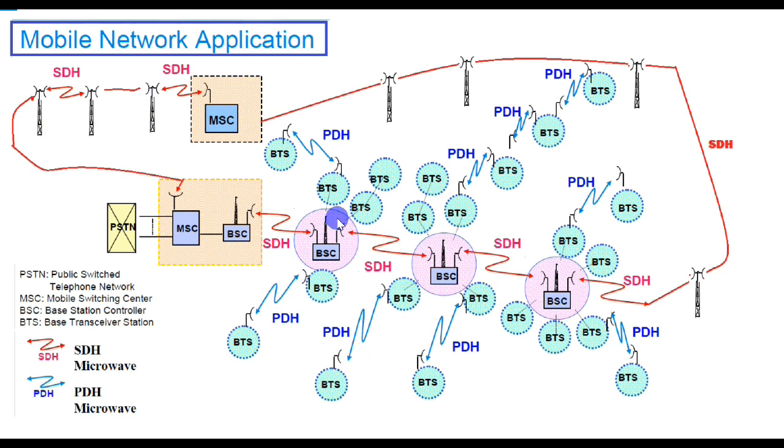And they say that if the on-air microwave goes faulty, then our fiber link path can support the on-air MSC and BSC. So to avoid isolation of BSC and MSC, they are using both an on-air path and a ground path. This is how the mobile network is made, and this we can also call the mobile network application.